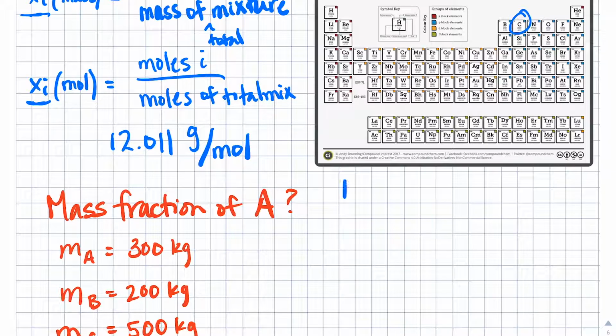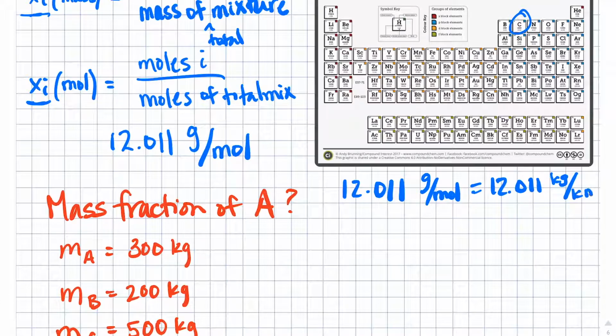Just to note, 12.011 grams per mole equals the same as 12.011 kilograms per kilomole. Remember those units. And that's also the same as pound mass per pound mole. So the important thing about these units is that the top mass unit matches the bottom moles unit. So if it's a pound mass, it's a pound mole.